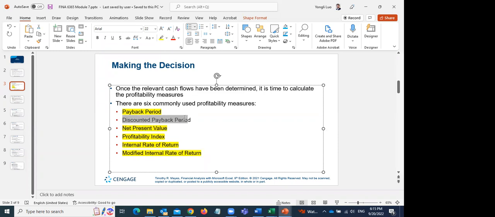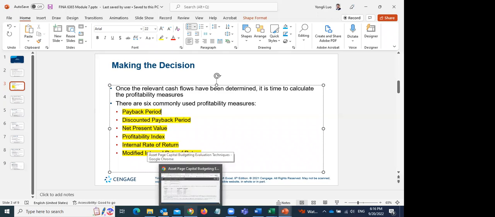These are the six most commonly used capital budgeting techniques. I'm going to show you how to do the capital budgeting using our example.